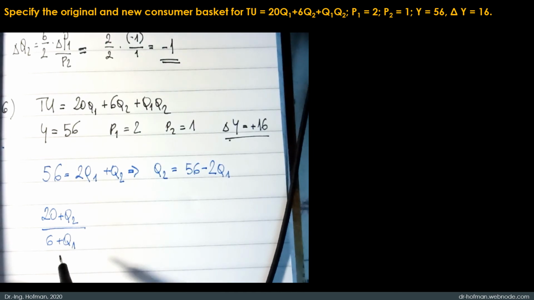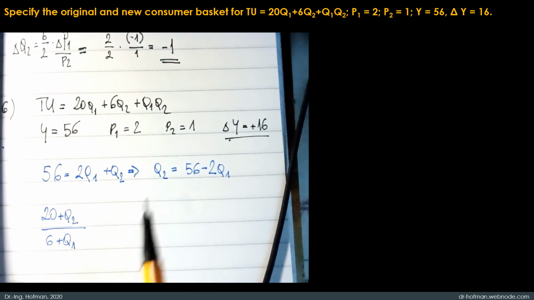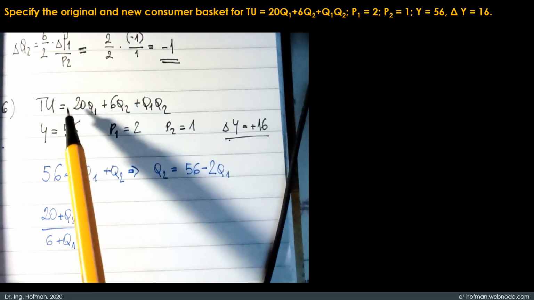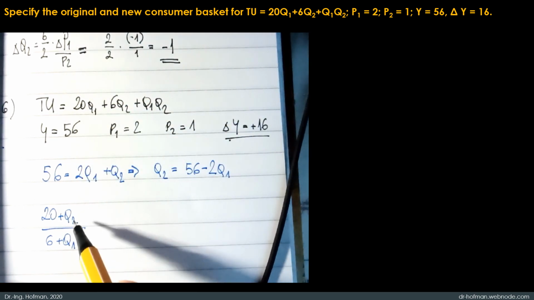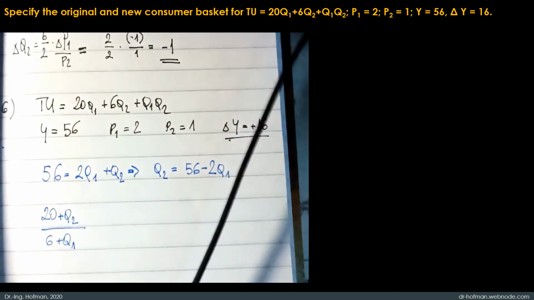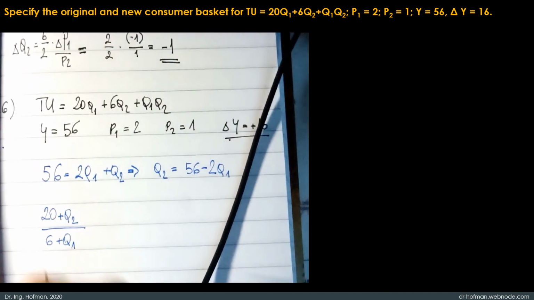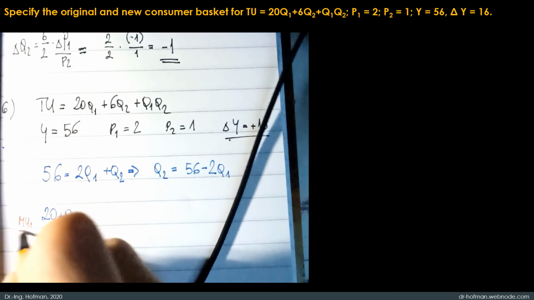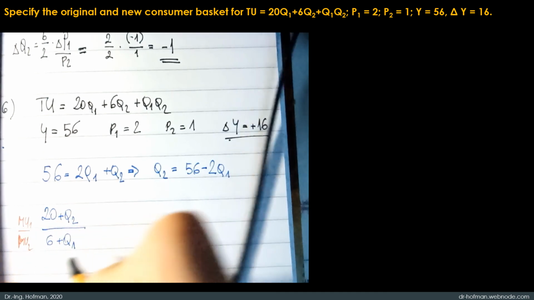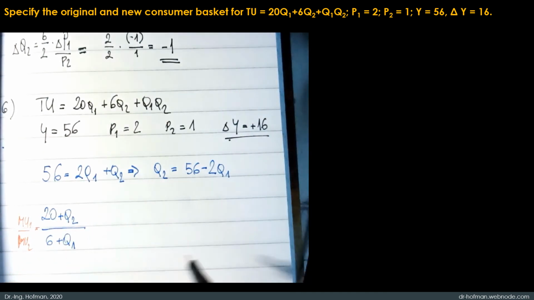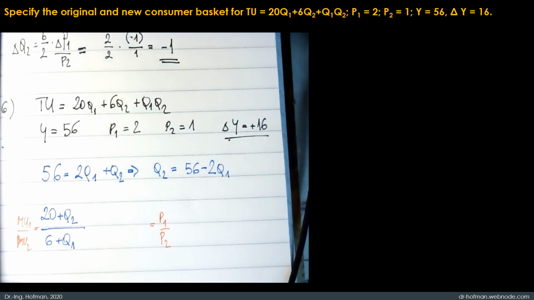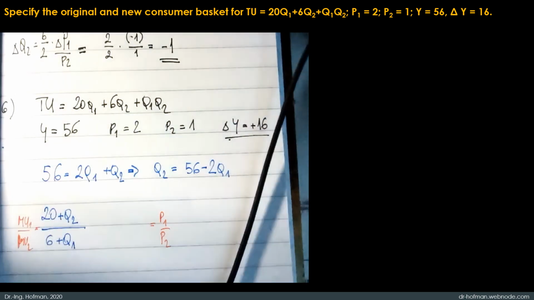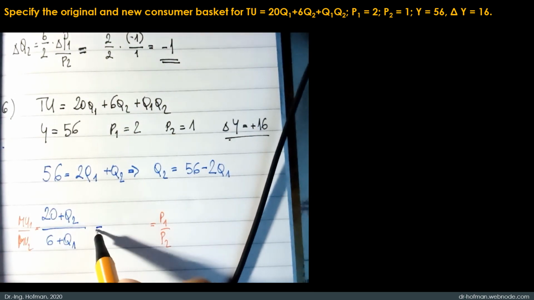This fraction MU1 over MU2 should be equal to price 1 over price 2, as you know. Price 1 is 2, price 2 is 1, so 2 over 1 is 2.